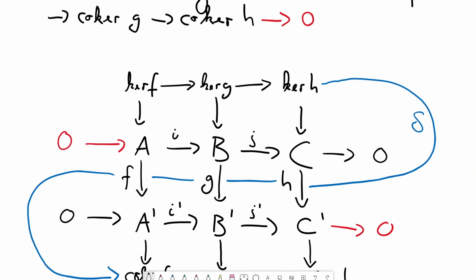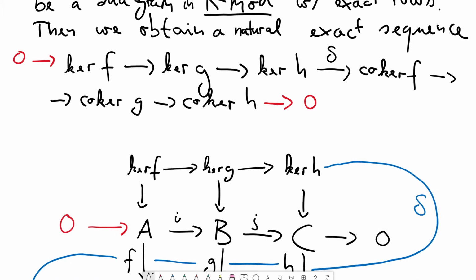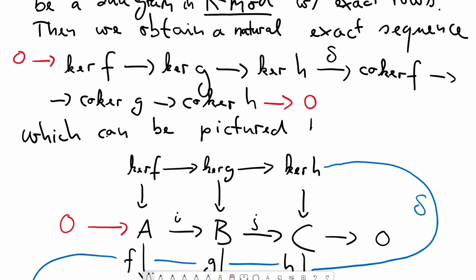And yeah, maybe let's also make a statement here in between the sequence and the diagram. So then we obtain a natural exact sequence which can be pictured by the diagram that follows here.